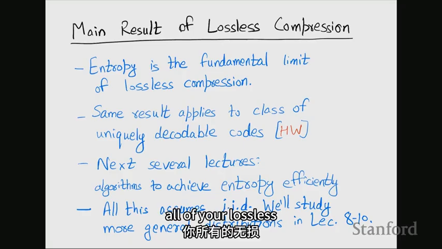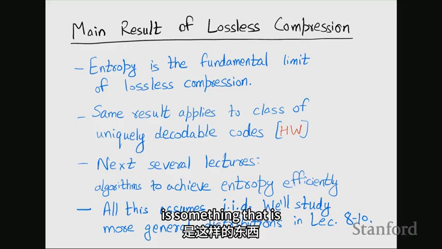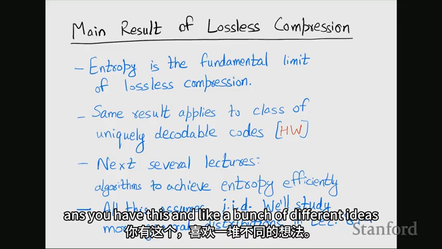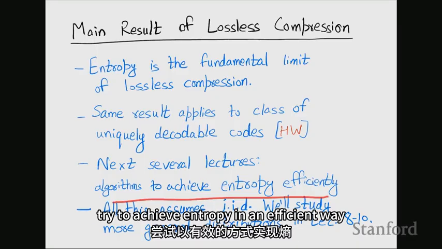All of your lossless and lossy compressors at their very root have something called an entropy coder. Entropy coder is something that is just trying to achieve the entropy of whatever the input is. And you have Huffman codes and arithmetic codes, you have ANS, and a bunch of different ideas, all of these trying to achieve entropy in an efficient way.